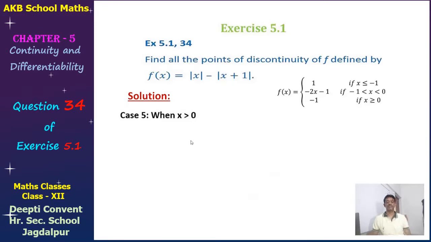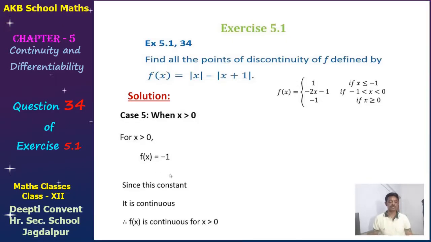Now case fifth, when x greater than 0, that is here. For x greater than 0, on small increments to the left and right, the value of the function is always minus 1. That's why for this case f(x) equal to minus 1, this is constant, so it is continuous for x greater than 0.